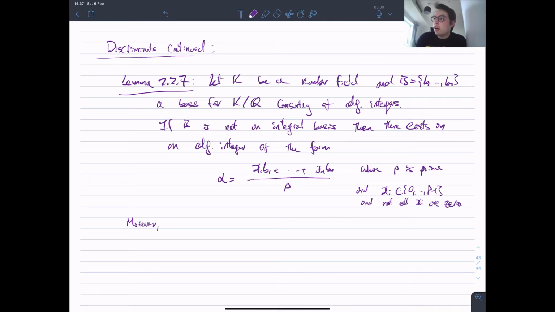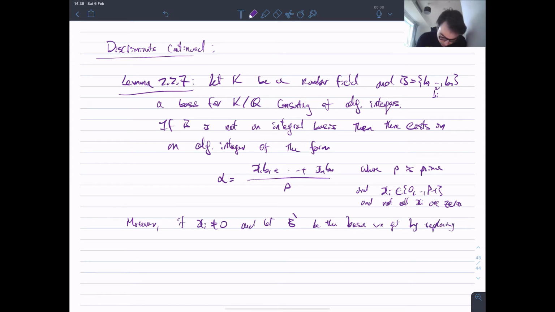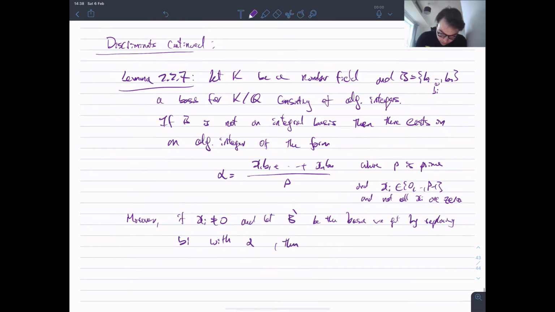And moreover, if, say, xi is different from 0, so we know that at least one of them is non-zero, and we let b prime be what you get by taking the bi in here and replacing it with this alpha, then you get a new basis, and here's how the two discriminants are related.